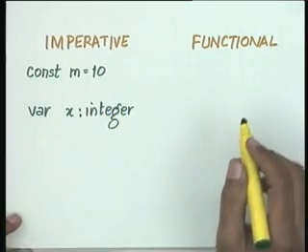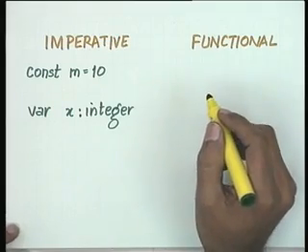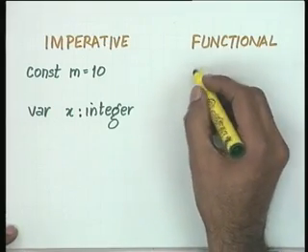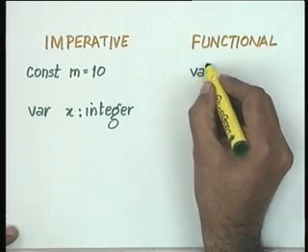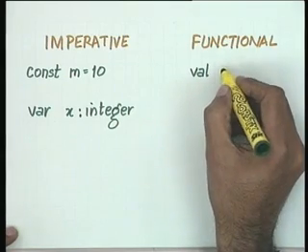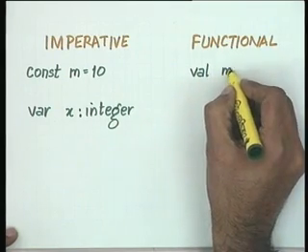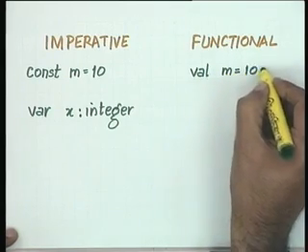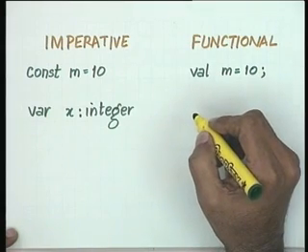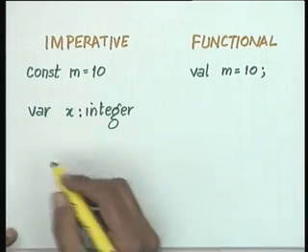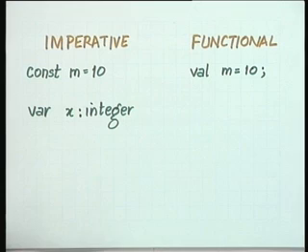An ML like language, a functional language, has declarations of this form, okay, and within let expressions and so on and so forth, which are unnamed functions.